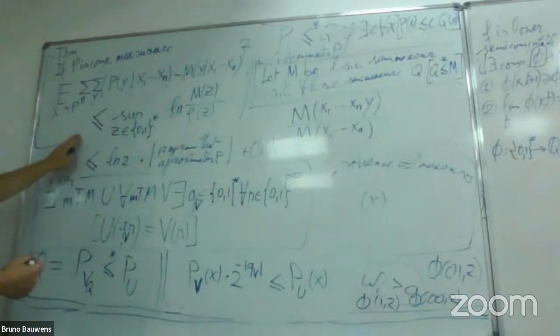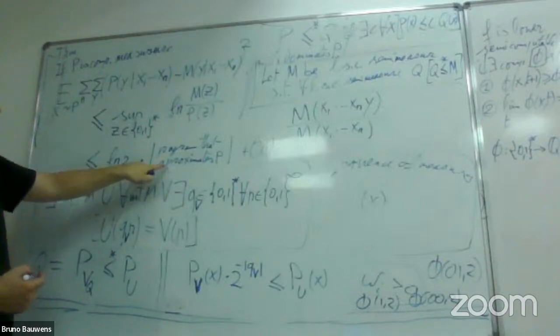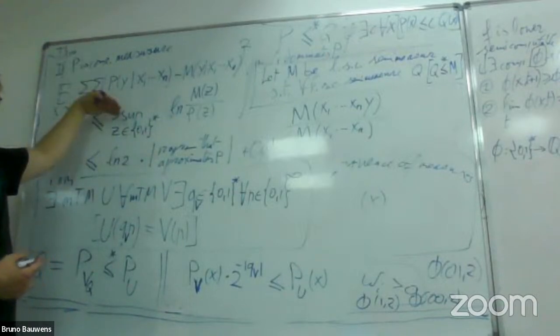Okay, so this is a bit informal here, but the idea is that if you can compute P with a very small program, then it will converge very fast.